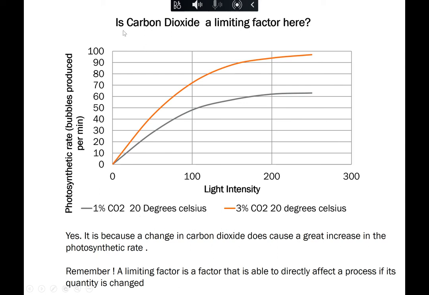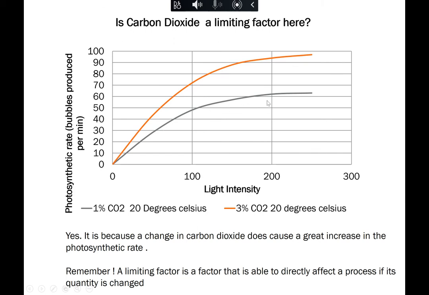So, do you think carbon dioxide is a limiting factor here? In the first experiment it is 1%, and as I change my carbon dioxide to 3% in the second experiment, what happens to the rate of photosynthesis? Is carbon dioxide important? The answer is yes, because as I change the carbon dioxide from 1% to 3%, it causes a great increase in the rate of photosynthesis.